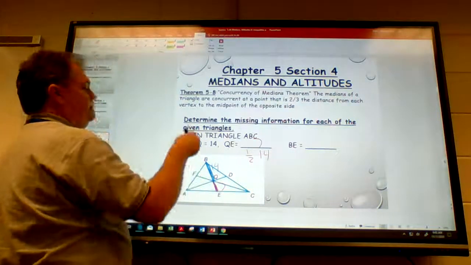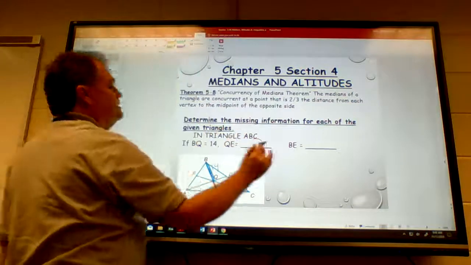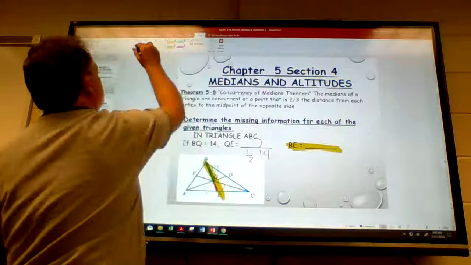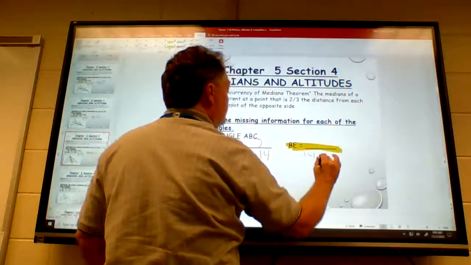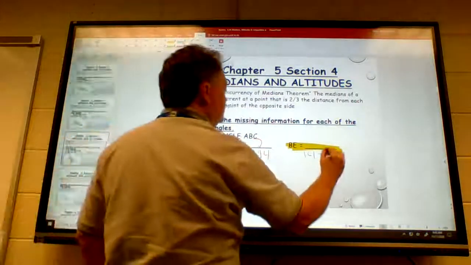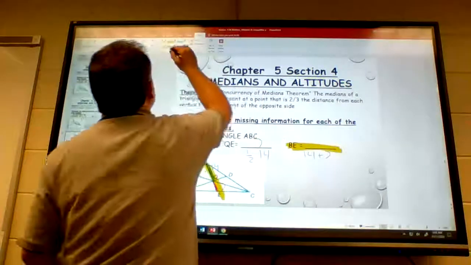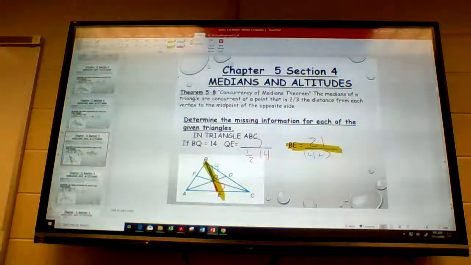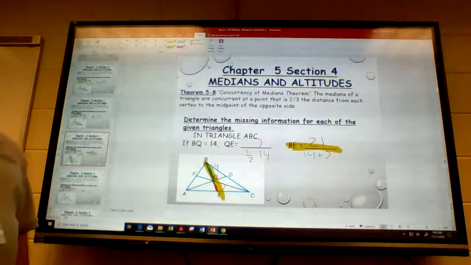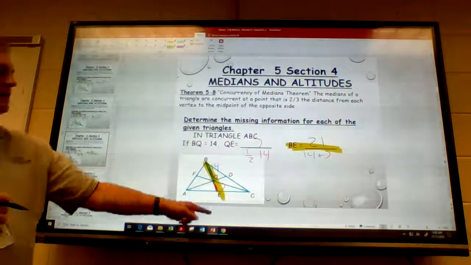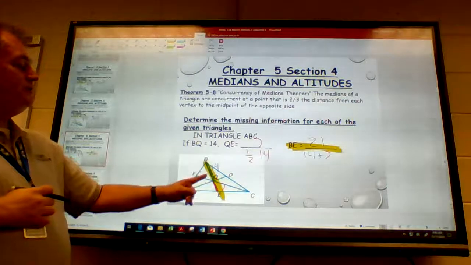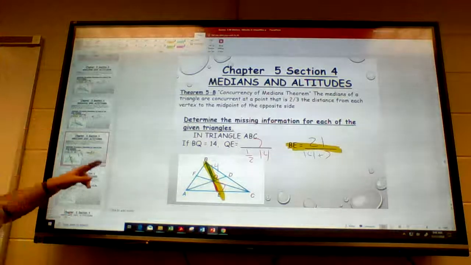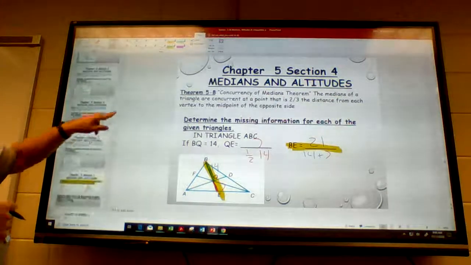And then for BE, this right here, we just add those two together, which is 14 plus 7, which is 21. Just remember, the whole thing, this little part is 1/3 of that, but these two are added together. It's a lot of fractions to remember, but it just takes a little bit of practice, and you'll have that.